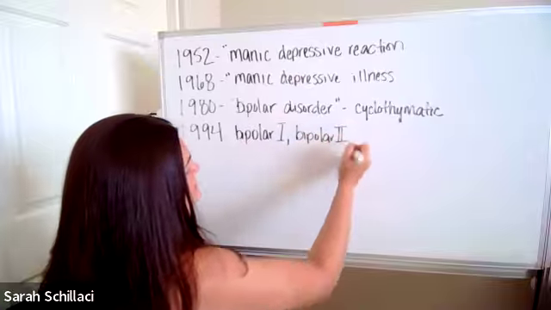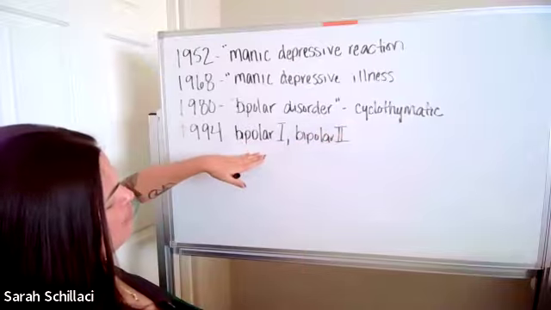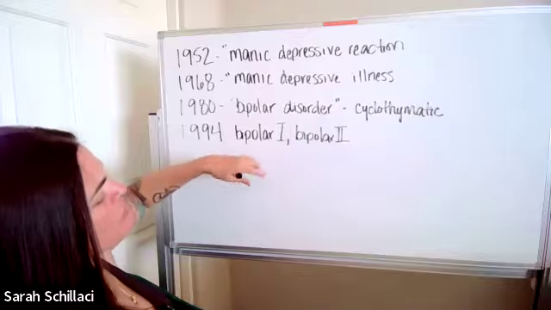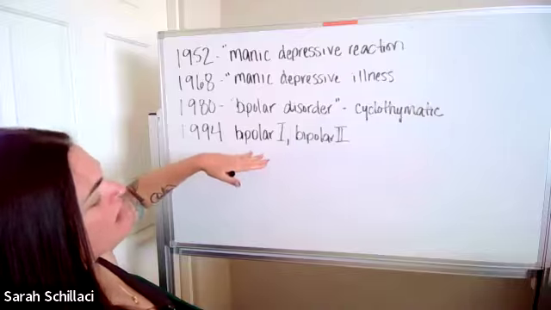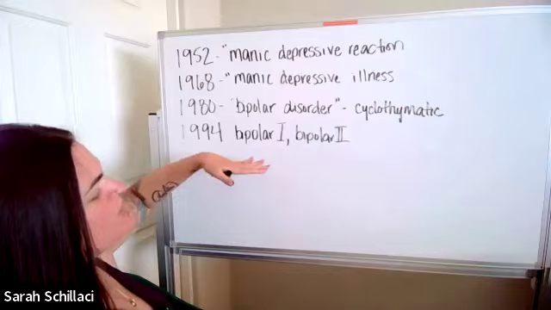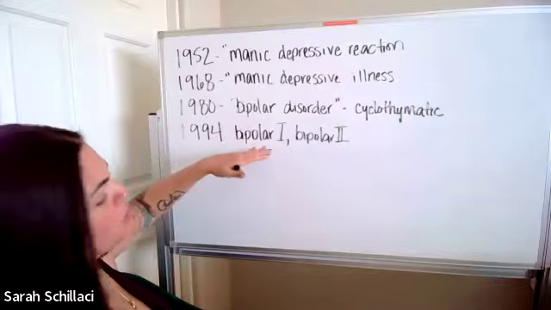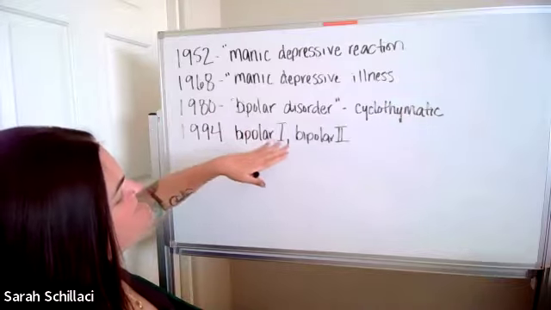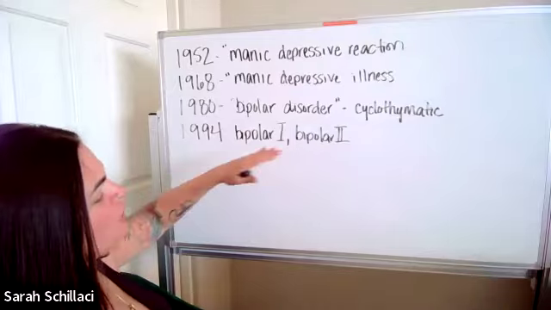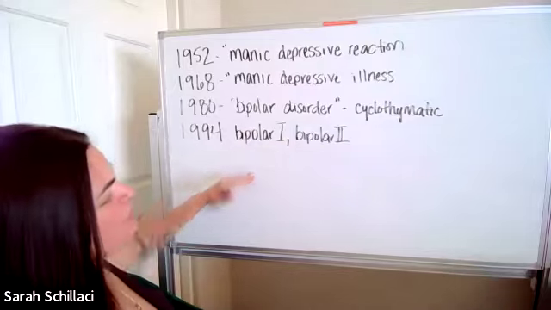The difference is bipolar 1 is the most extreme bipolar disorder. This is where we're seeing those very heightened manic episodes, and more of that psychosis come into play. And then we have bipolar 2, which was our acknowledgement that there was something less severe than bipolar 1.